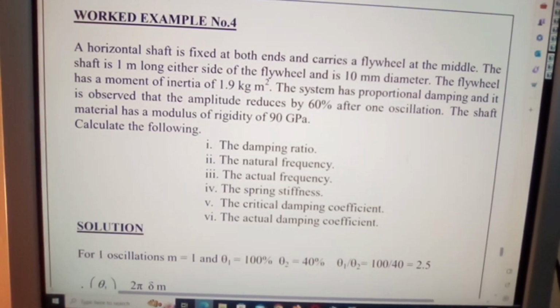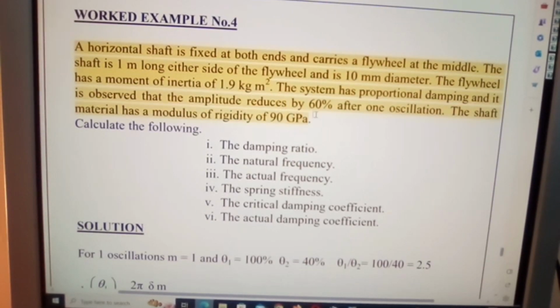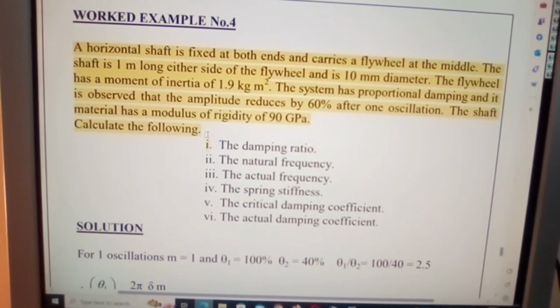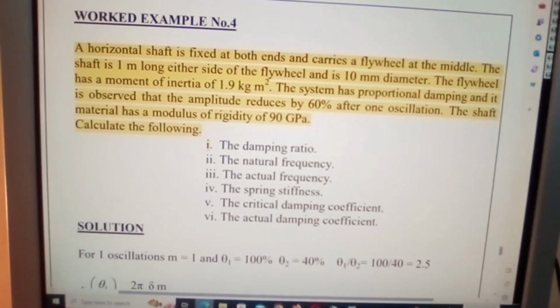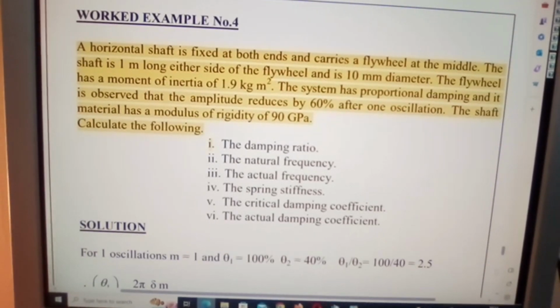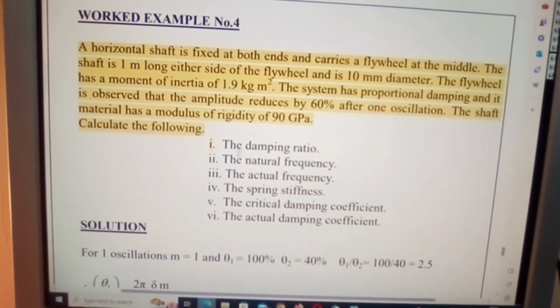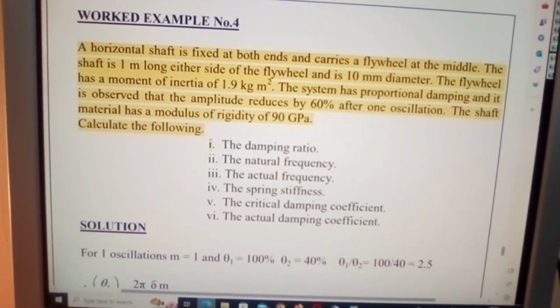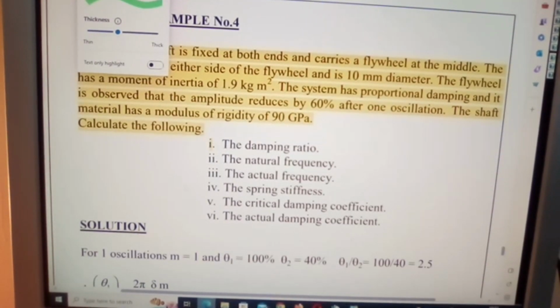And here you have a work example. Let me see if I can highlight this for you. Hopefully making it clear to see. That's what I'm hoping for. And let's just change the color if I can. Go with the green.